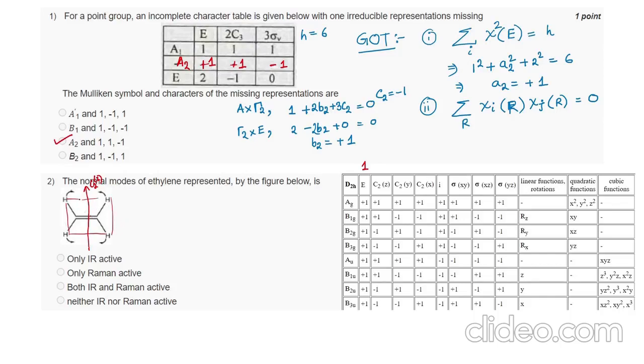So that is C2Z. So when it rotates C2 clockwise, or anti-clockwise even, you will see that this normal mode is going to be the same here. They will interchange their position, but they will be same. So my contribution to the character will be +1.